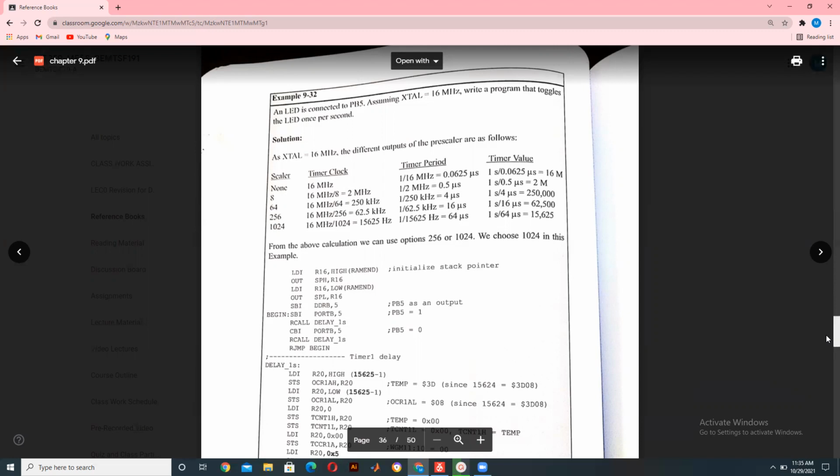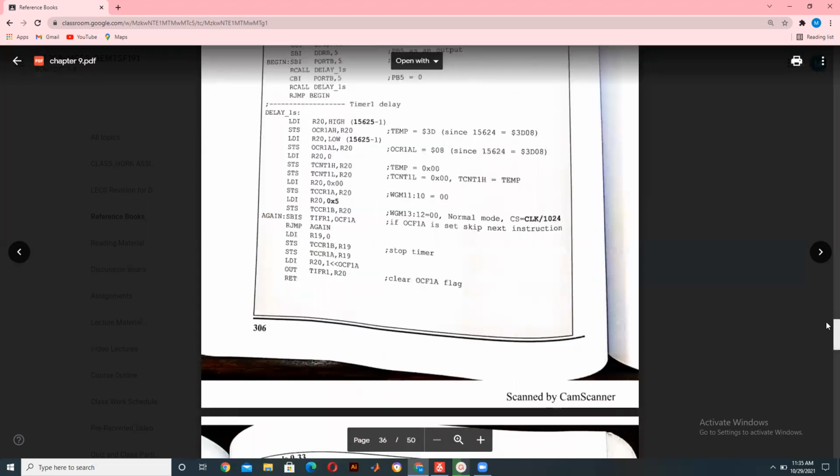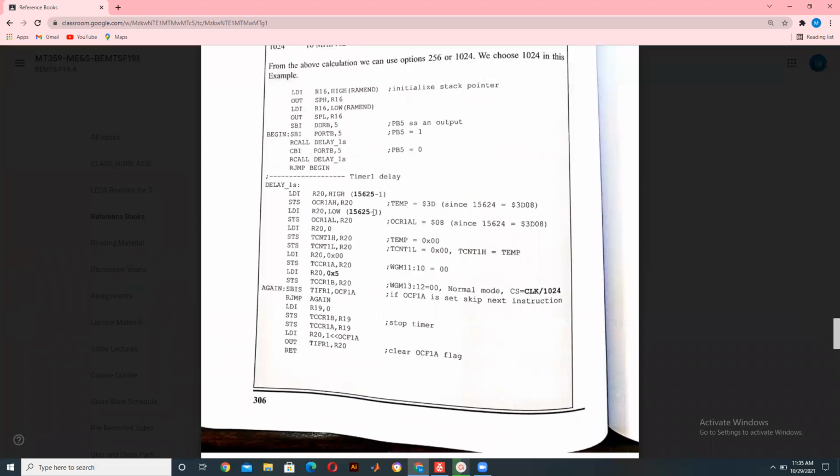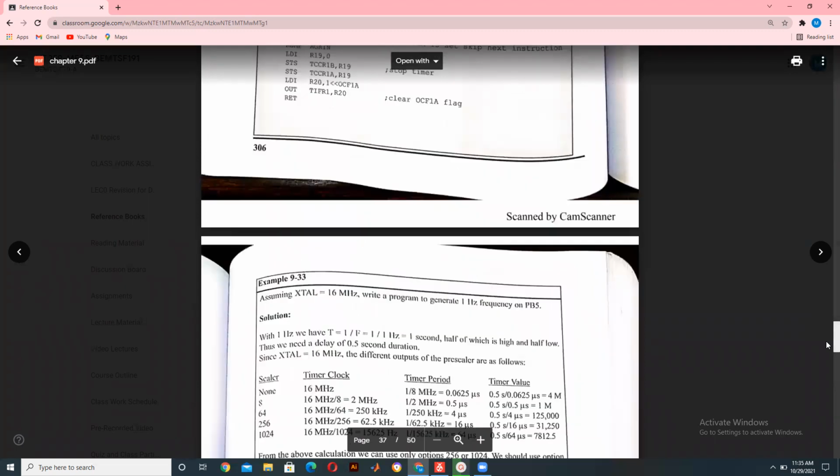When we choose it, instead of its value we use 15625 over here, and as we know, it takes 5 cycles. So we multiply it by 5, and then the code is the same for the rest of it.